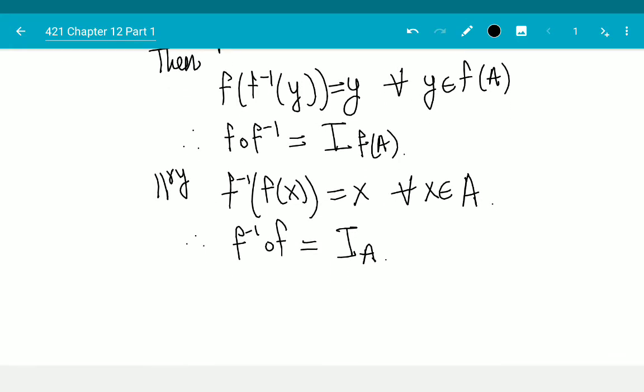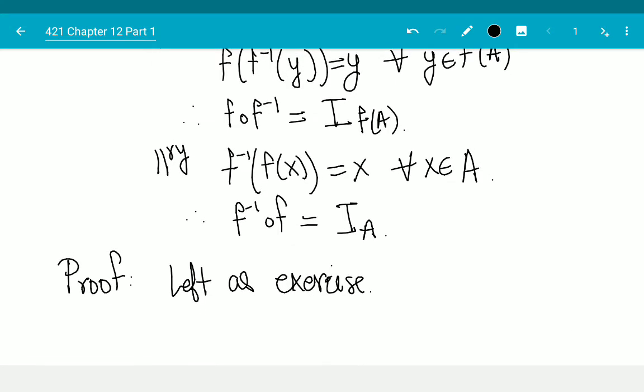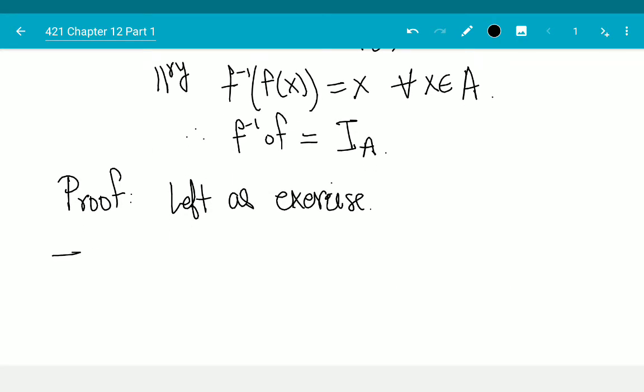Okay, so proof left as an exercise. It's really easy. Just say that f inverse of y is equal to x. You'll get it. Similarly for the other one, do f of x is equal to y. You'll get it.